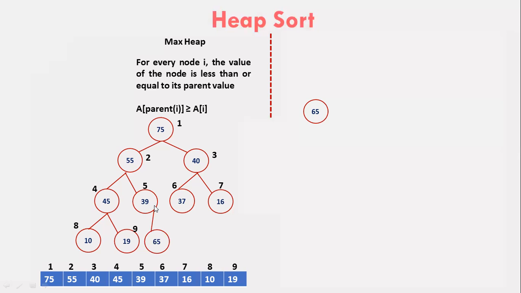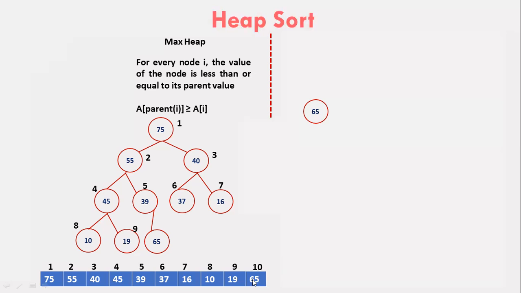Ultimately, what we are doing is storing it in the form of an array. So whenever I insert a new element 65, the 65 needs to be inserted into this particular array with the index value 10.